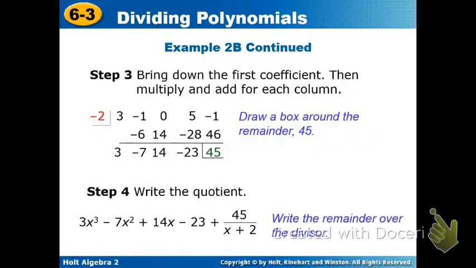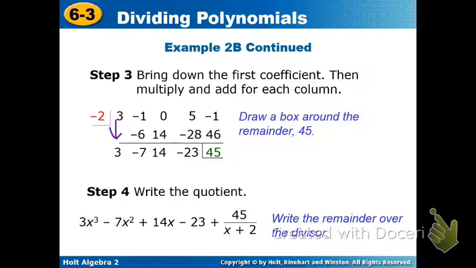Okay, take a look. So we brought down our 3. This one, in fact, was missing the x squared, so you had to put in a placeholder for that one. So you brought down your numbers, your 3, your -1, 0, 5, and 1, and started your process. You brought down the 3 because it was your lead, right?